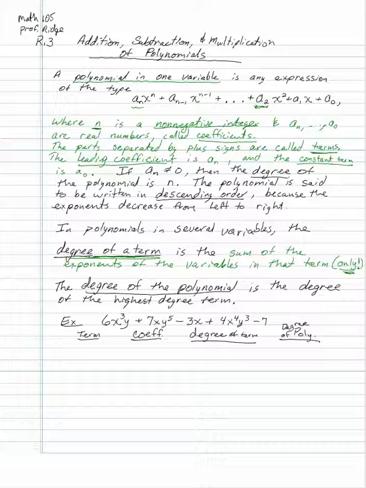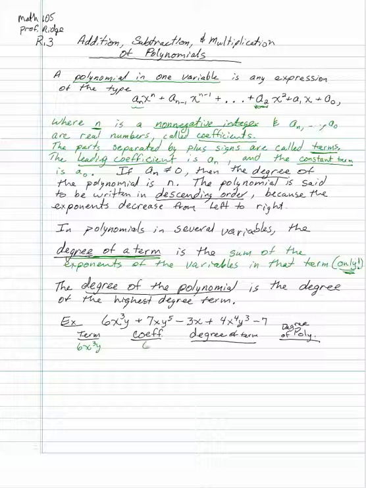Let's look at an example. List each term of the polynomial. I want you to identify the term, coefficient, degree of the term, and then the degree of the polynomial. This has 1, 2, 3, 4, 5 terms. The first term is 6x cubed y.